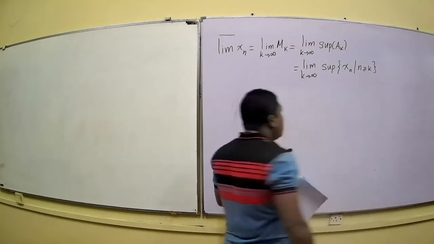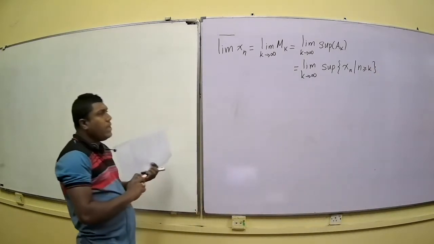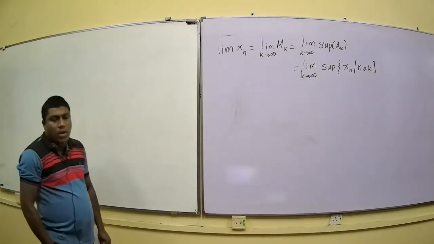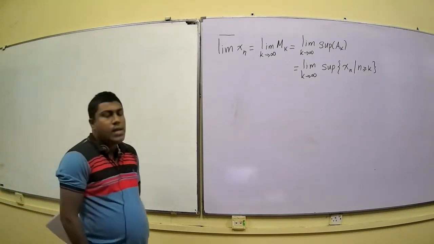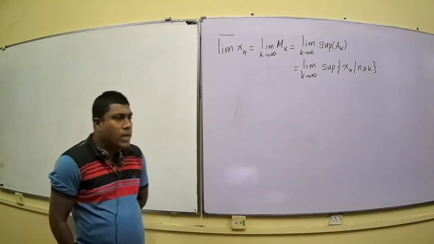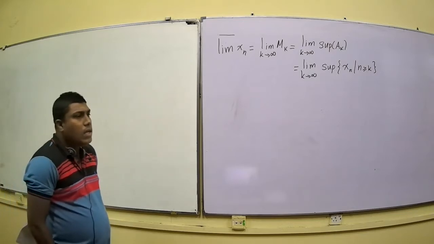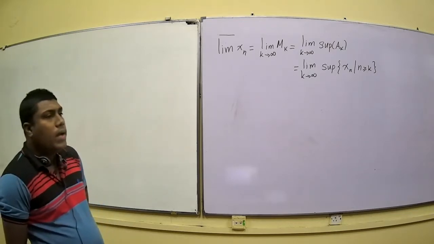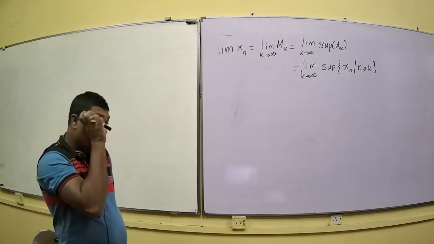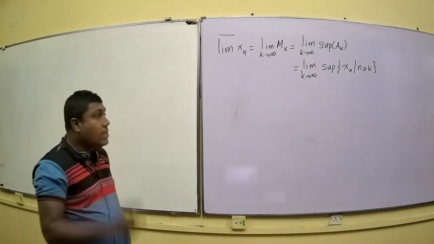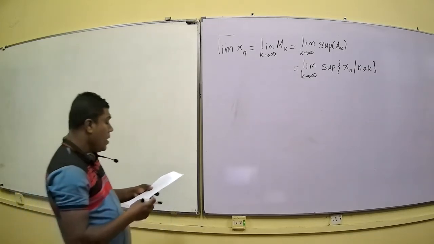The set ak is the set of all xn such that n is greater or equal to k, and then you take the supremum of that set, and that supremum forms a sequence that is bounded and monotone, so that will converge.